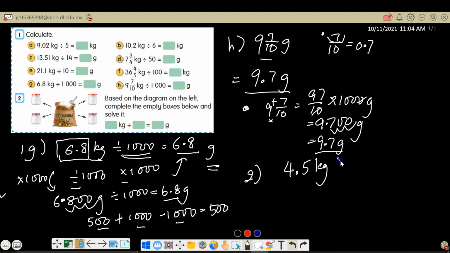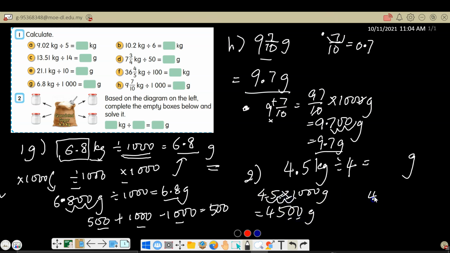So you divide 4, and answer in gram. You can change to gram first. 4.5 times 1000 gram is 4500 gram. 1, 2, 3, 2 empty spaces, 2 zeros. And then 4500 gram, you divide 4.